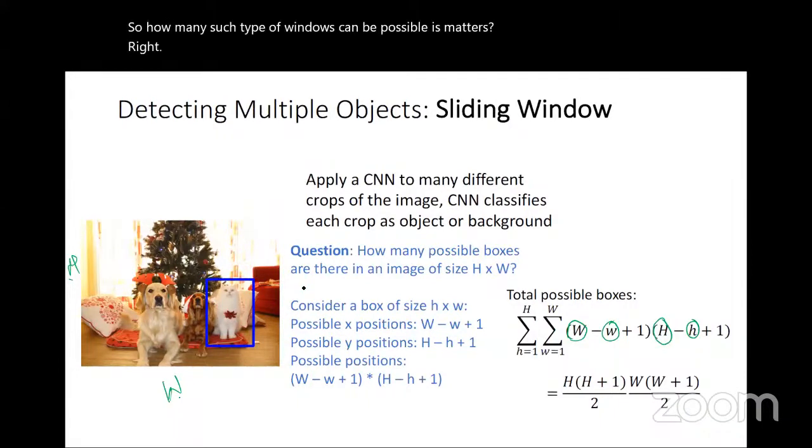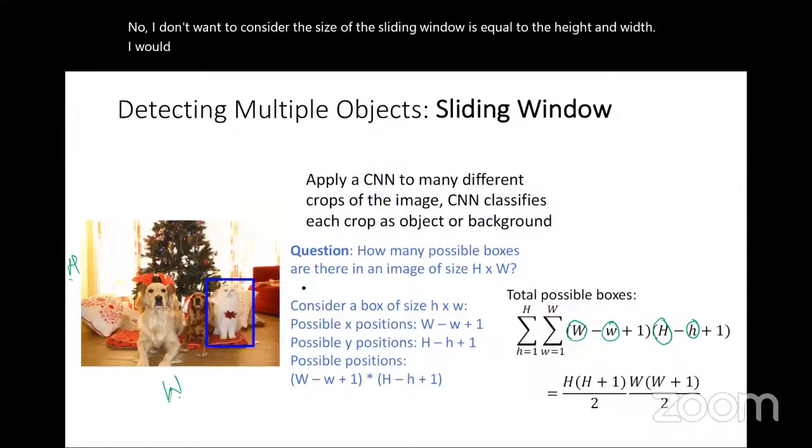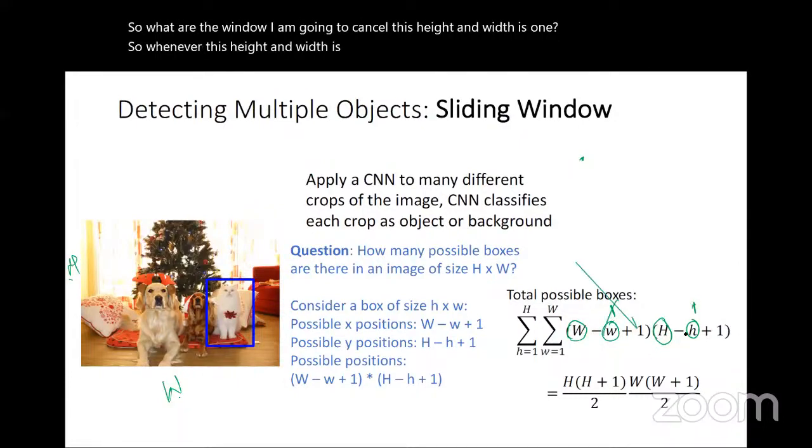Third thing. Now I don't want to consider the size of the sliding window equal to the height and width. I would like to consider a window size of 1. So what window am I going to consider? The height and width is 1. Whenever the height and width is 1, the 1 and 1 cancel out. Then what does it mean?